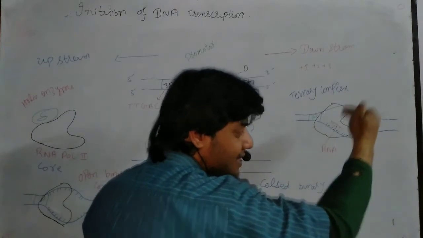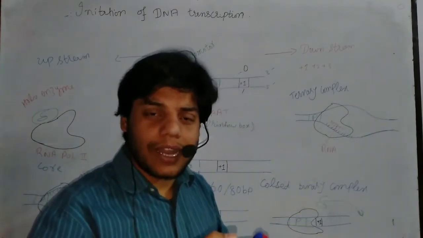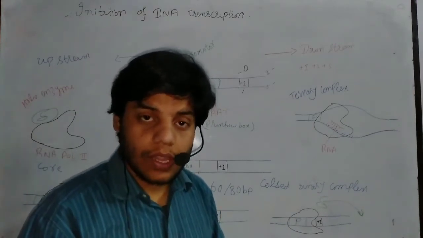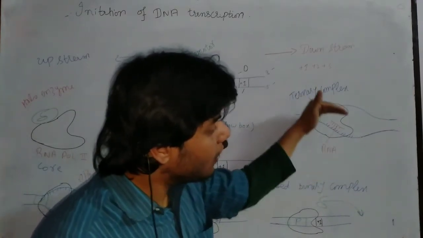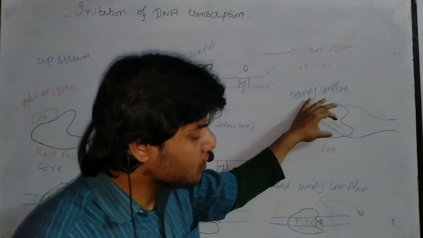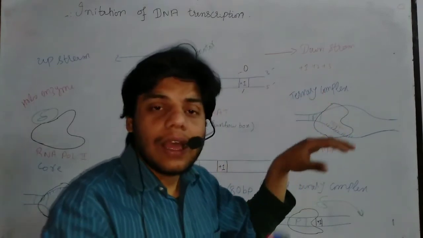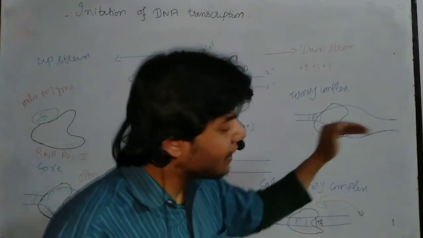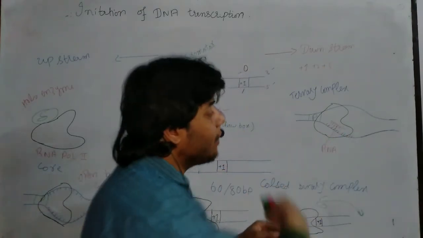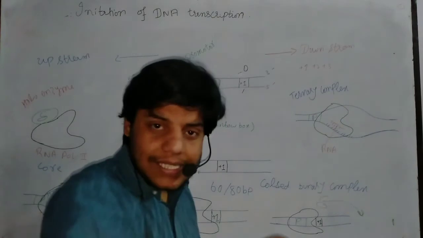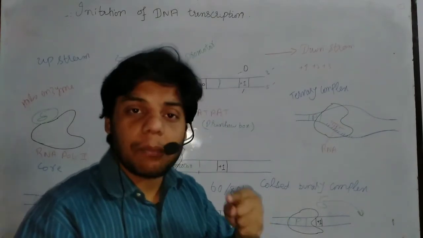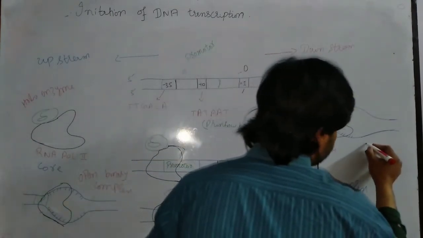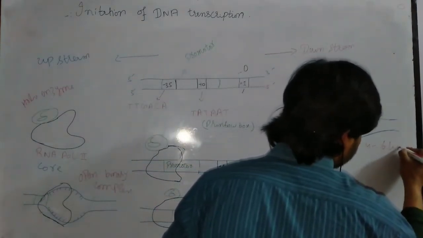So when it starts 4 to 6 nucleotide addition, then the RNA will fall down, and again it will come back to its position and start the RNA synthesis again, and it will again fall down and come back to this position and start again, and this process will be repeated so many times. 4 to 6 times this process is repeated.